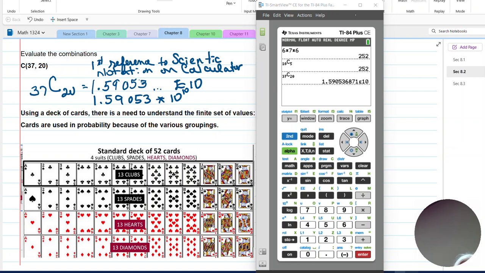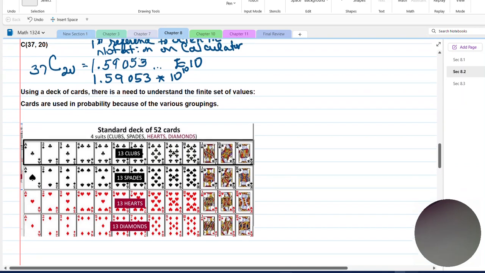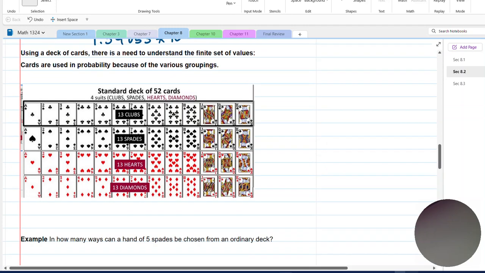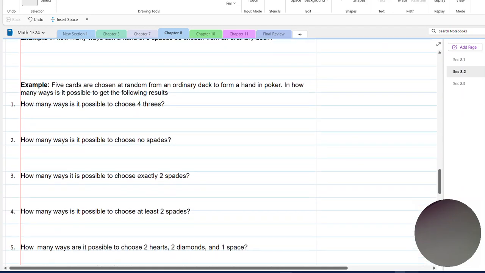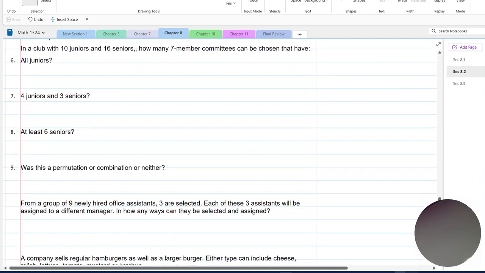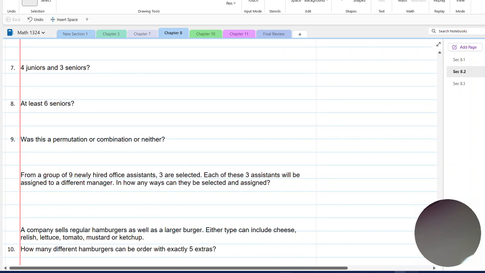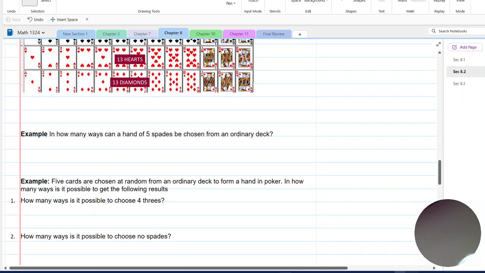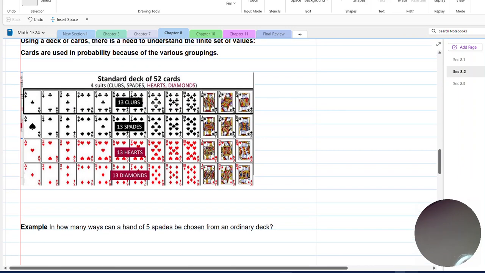Okay. So we're going to look using a deck of cards at probability with what we have. In between, we're getting reacquainted with probability. So here we go.